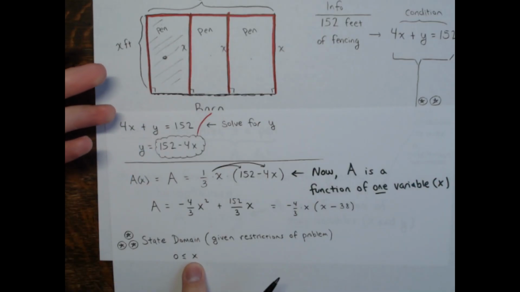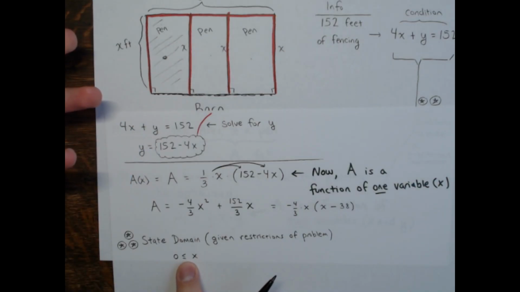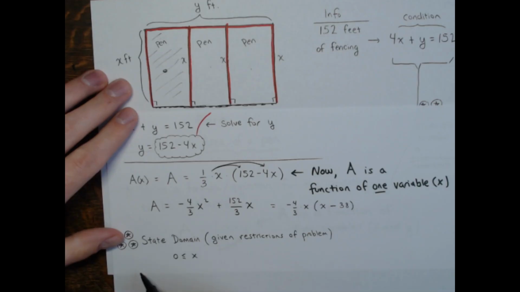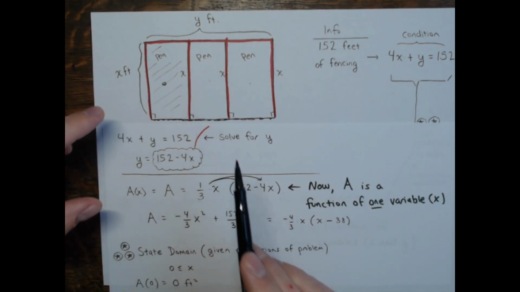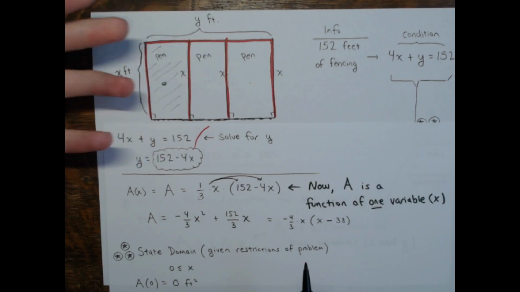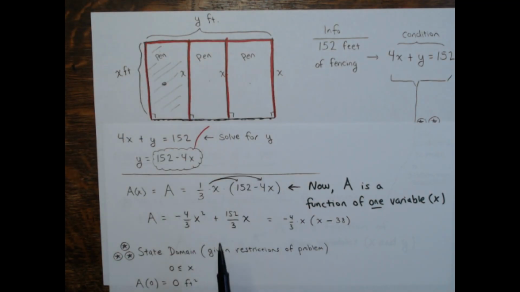Now, obviously, X can't be 0, so maybe I'll just restrict it to greater than 0, but you see how this area function, when X is 0, if I replaced X with 0, you'd get 0 times something. You get no area, right? 0 square feet. And I hope that makes sense, right? If all these X's were nothing, there'd be no pens, there'd be no area whatsoever.